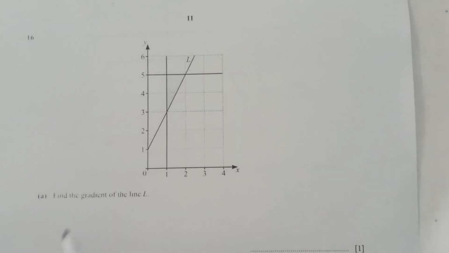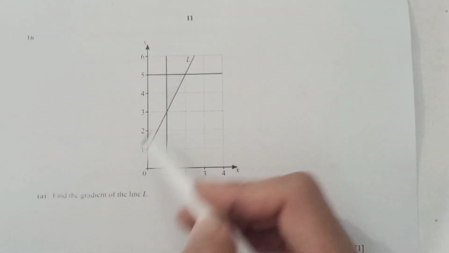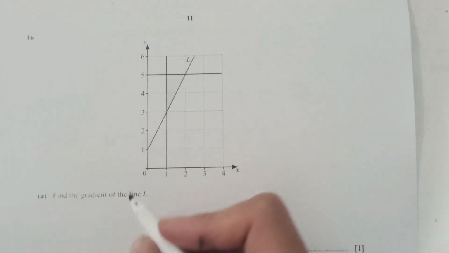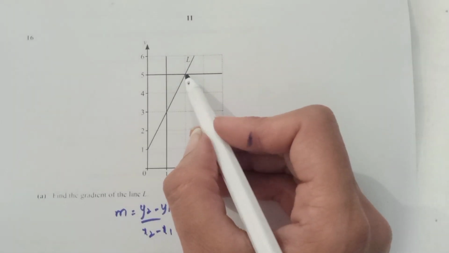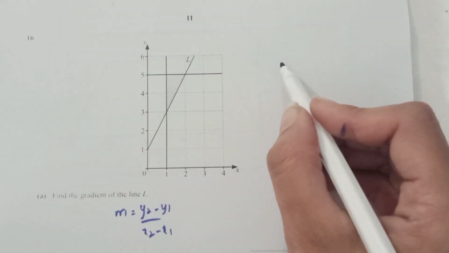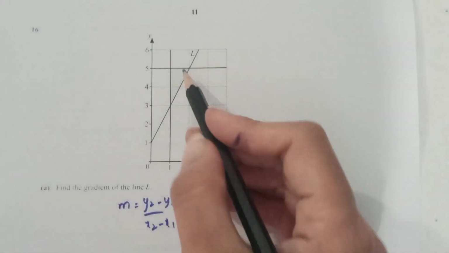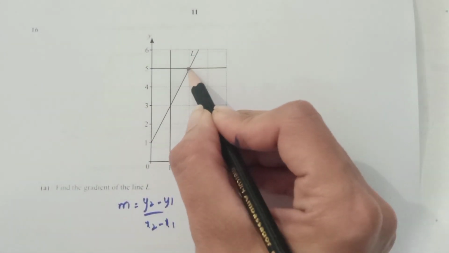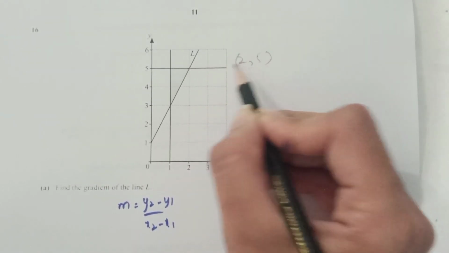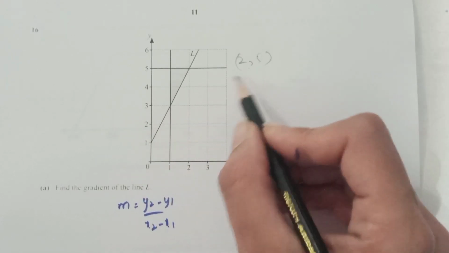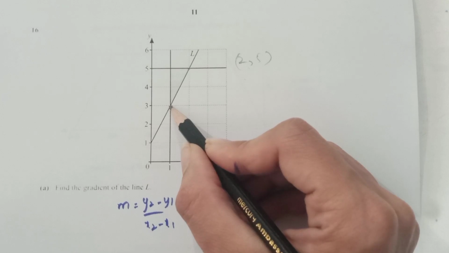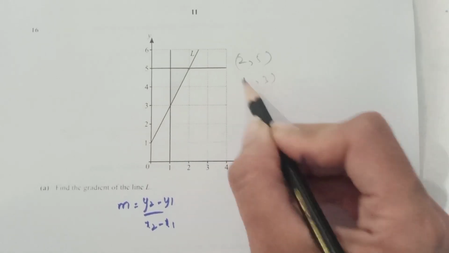Now students, question number 16. Find the gradient of the line L. We have to find the gradient of this line, and we know that the formula of gradient is y2 minus y1 over x2 minus x1. First, we take the values: that point is 2 and 5, and that point is 1 and 3.